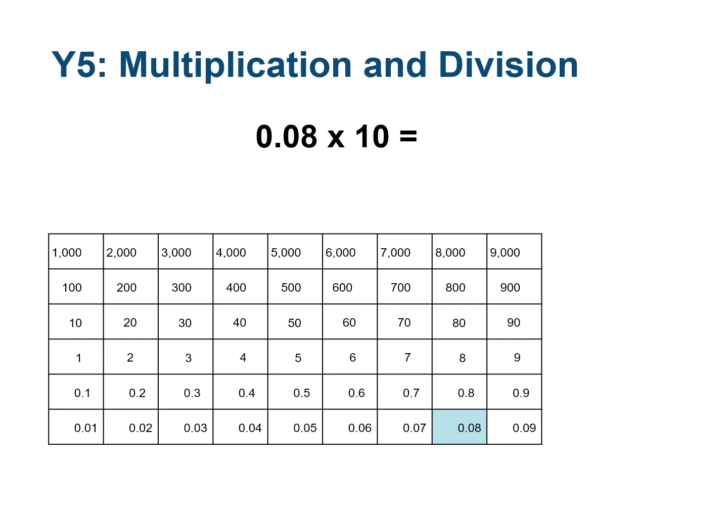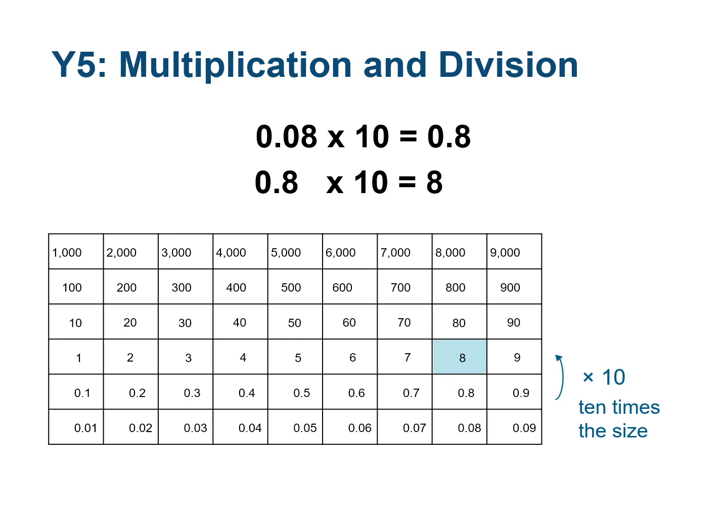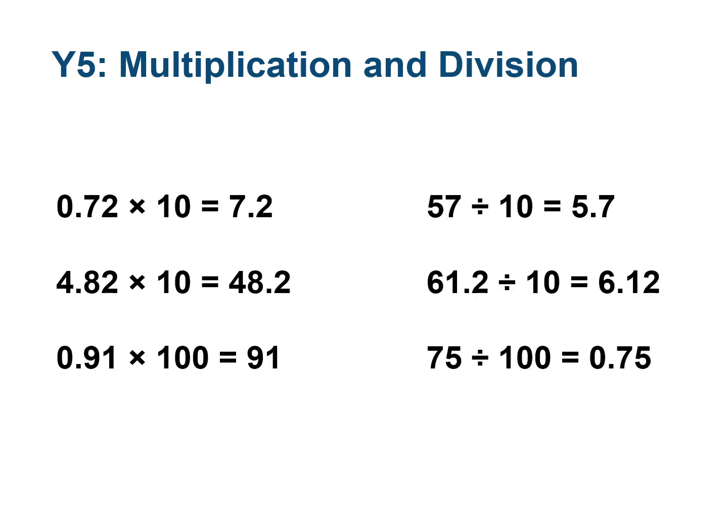So 8/100 multiplied by 10 is 8/10, 10 times the size, and 8/10 multiplied by 10 is 8/1, 10 times the size. This includes calculation with numbers such as these.